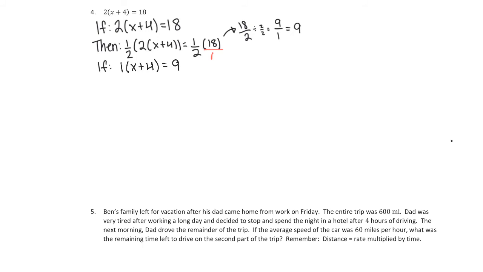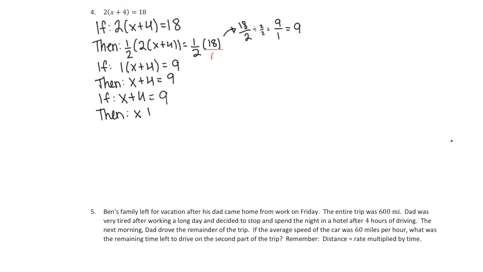So if 1 x plus 4 equals 9, okay, then the 1 does not need to be present, so I have x plus 4 equals 9. If I know that x plus 4 equals 9, then I'm going to use subtraction property of equality for the additive inverse of 4.